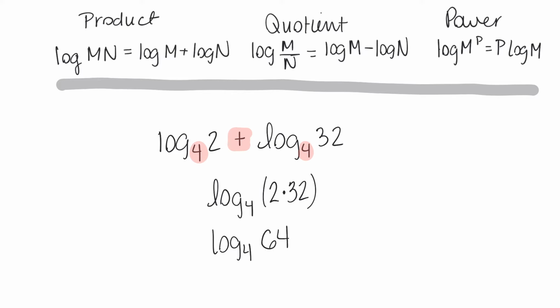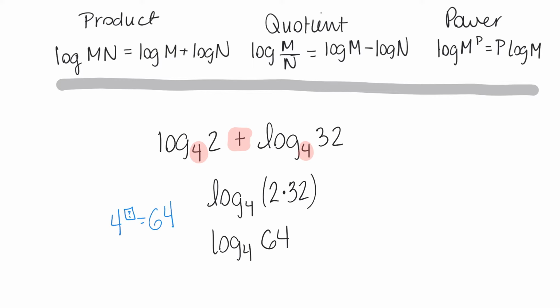From there, we can take this even a step further. So we've condensed it now, but we can ask ourselves, is there just a quick and easy number that we can find that is log base 4 of 64? So like 4 to the what equals 64?